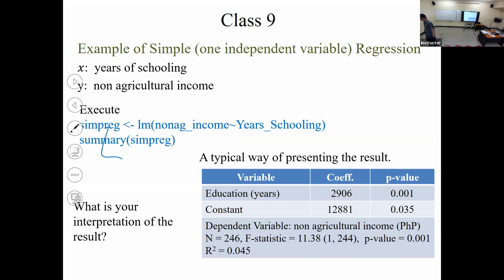Because you expected that the education, at least to some extent, influences the income. Okay, now quantitative interpretation, we'll do it later. Okay, when you introduce a multiple regression with more than one x variables. Because with one x variable, it doesn't make much sense because it's just like correlation.